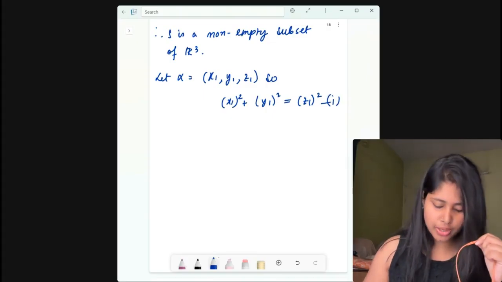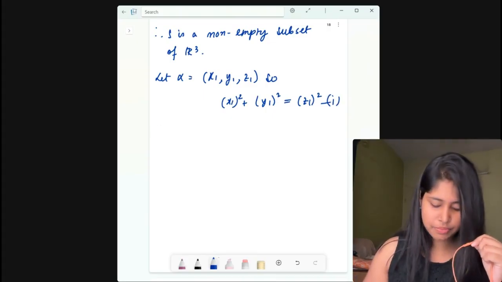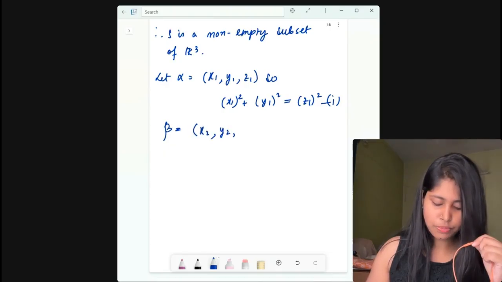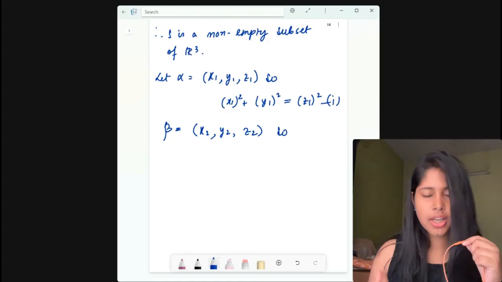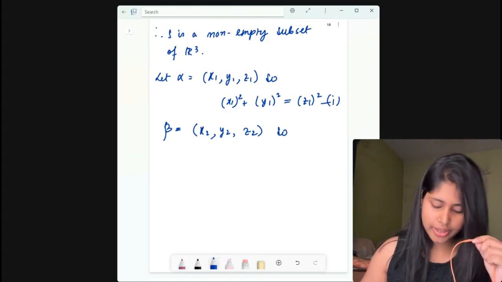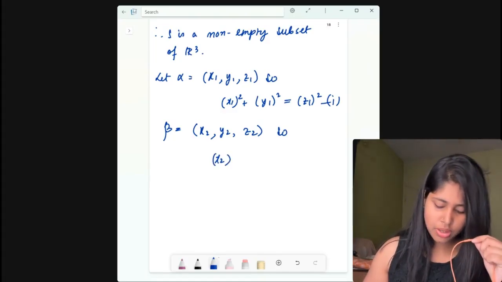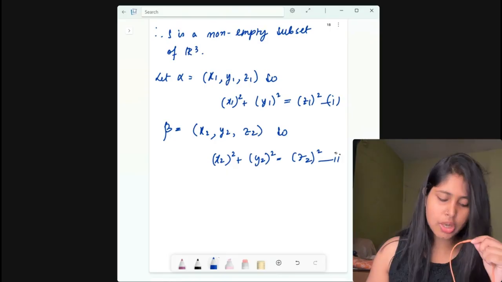Now let beta be (x2, y2, z2), and we define the condition the same way: x2 square plus y2 square is equal to z2 square, and this is our condition number 2.